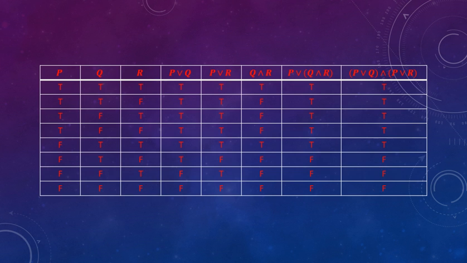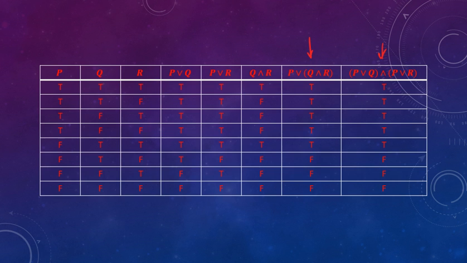So we see, looking at our last two columns here, that if you go row by row, you see the same truth values, both true, both true, both true, both true, both true, both false, both false, both false.